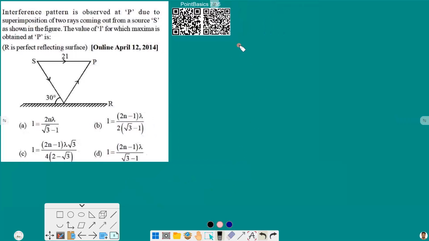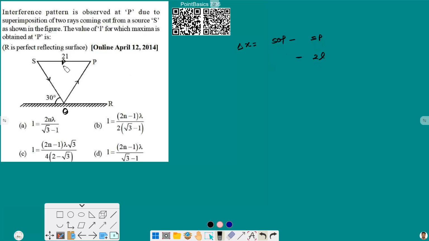So we can say that delta x will be equal to, suppose this point is O, SOP minus SP. Now SP is equal to 2L, so we have to calculate SOP.